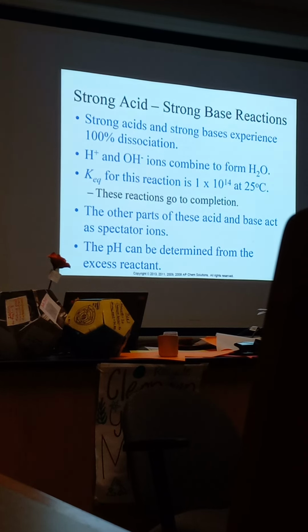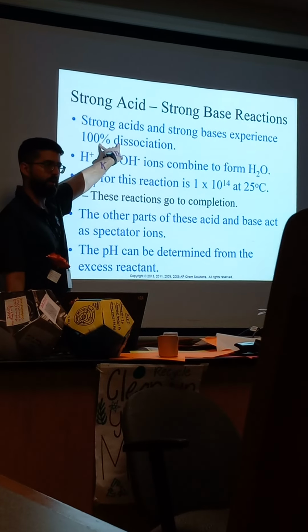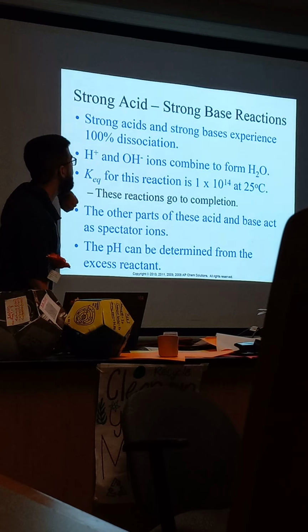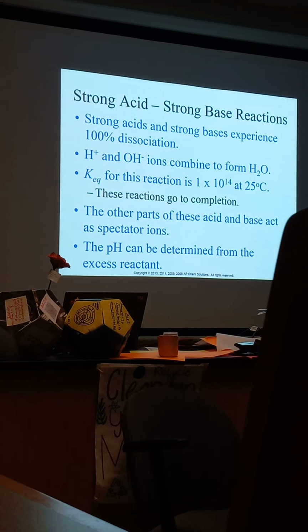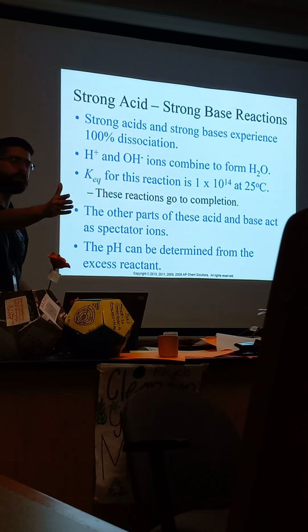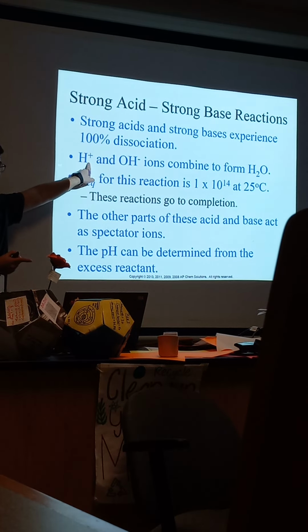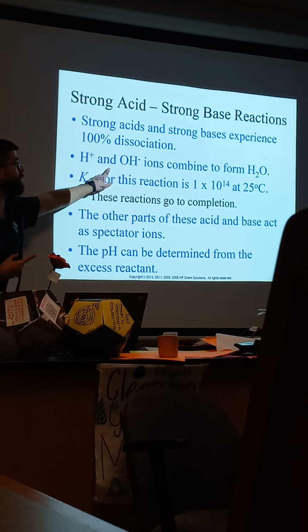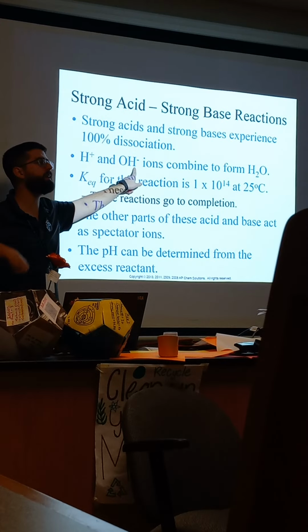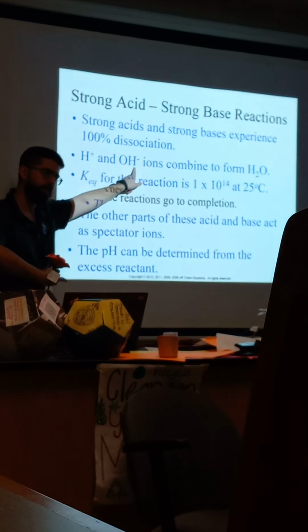So strong acids and bases both do what in water? They 100% dissociate. So then in reality the strong acid isn't really itself, it is really just a whole bunch of H plus. And the strong base isn't really itself, it's really just a whole bunch of OH minus.